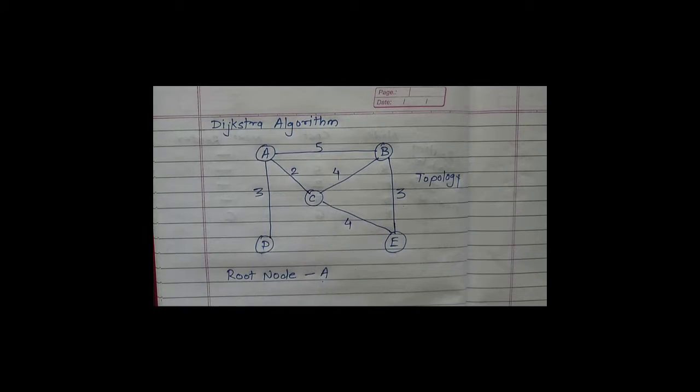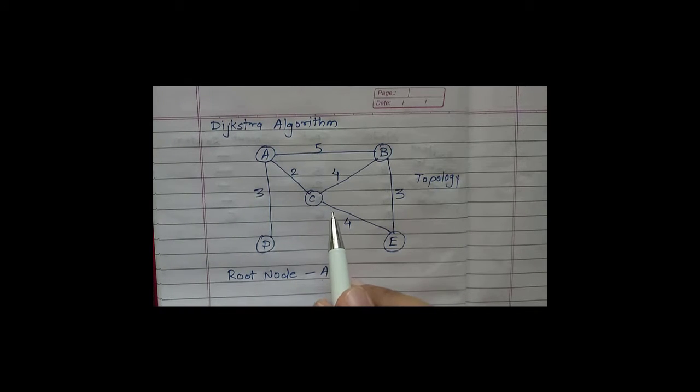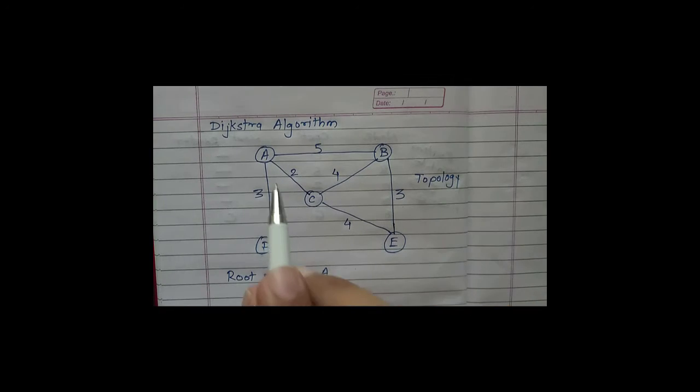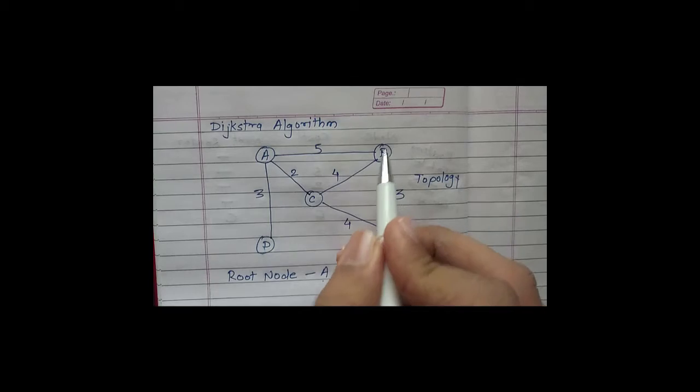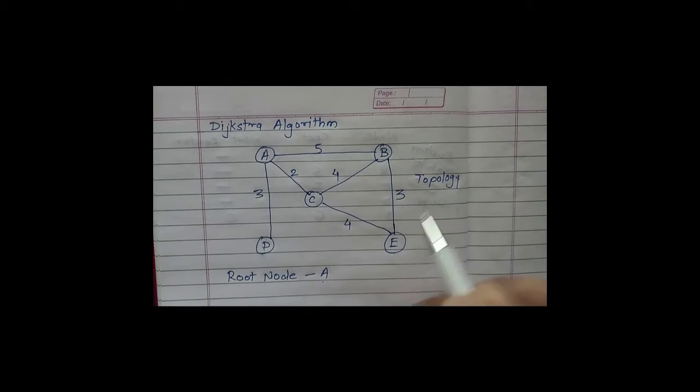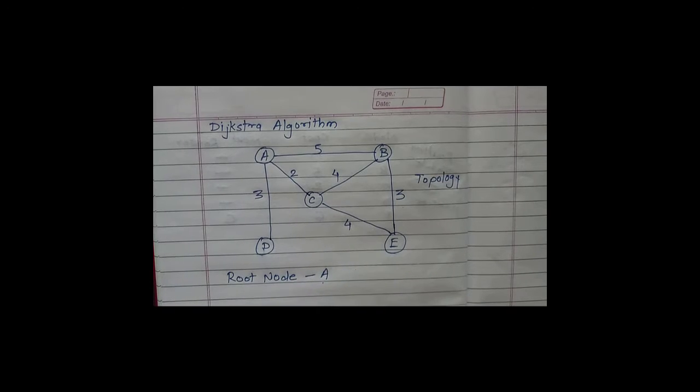Students, to implement Dijkstra's algorithm, I will consider this example which is given in the book by Forouzan. In this example, we have 5 nodes A, B, C, D and E, and we have been given this particular topology.